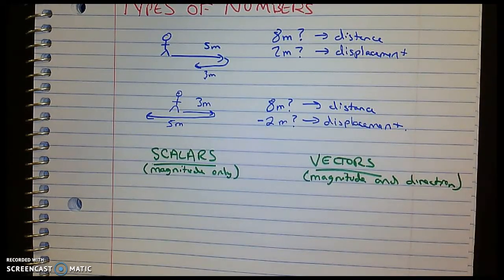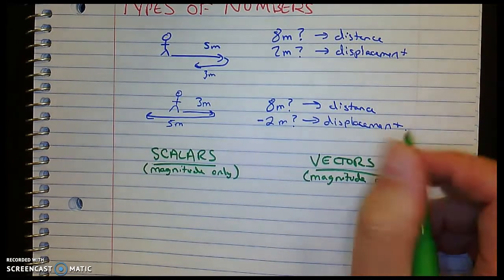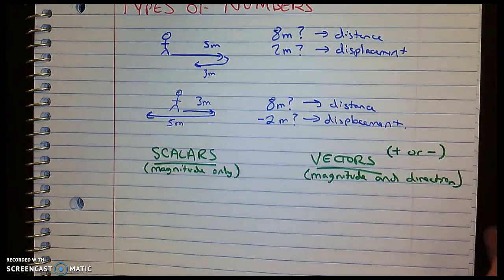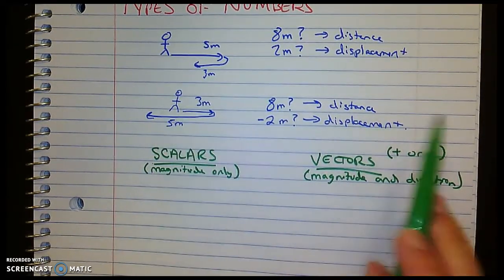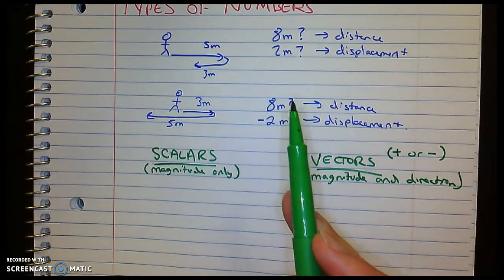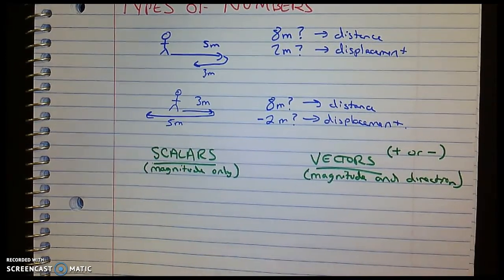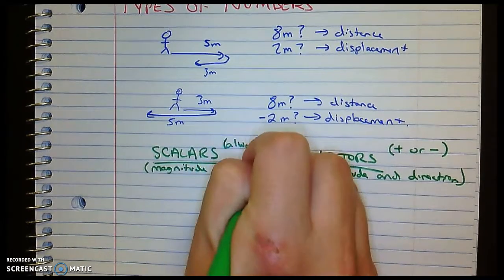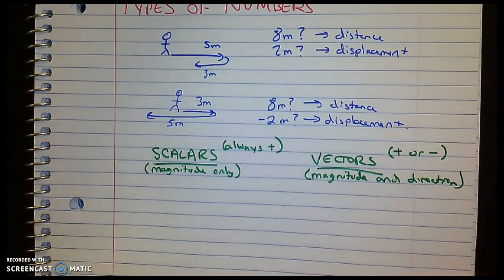So in physics, we're going to indicate direction by using positive or negative. So we're going to say vectors can be positive or negative. And if they're positive, it's going to mean that they're going forward, or eventually might mean up. Negative is going to be backwards. And scalars are always going to be positive numbers because they do not have direction.